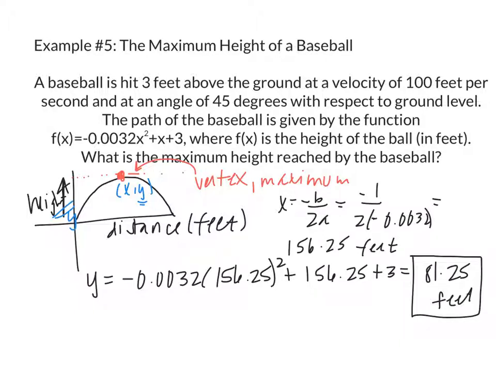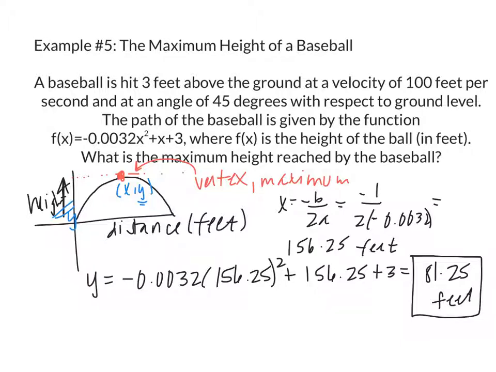And that makes sense because what we found as our max height is 81.25. So really we need to kind of double that so that we can see the entire thing. So my window on my x min and max, I'm going to make my x min 0, but I'm going to make my x max 200. And with a window such as that, I am able to see my maximum.